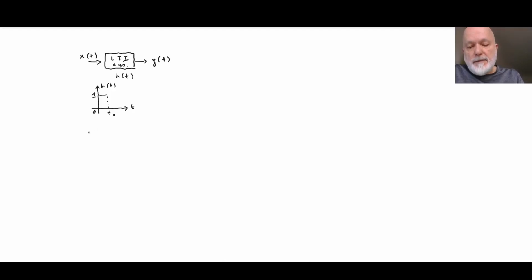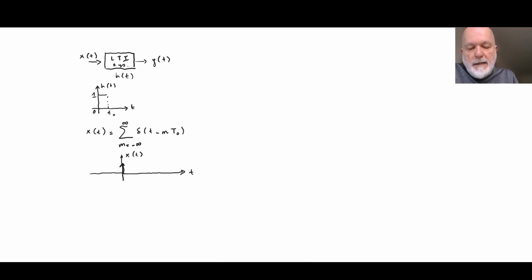Now x of t is chosen as the impulse train, the sum from minus infinity to plus infinity of delta of t minus m T0. So we have the signal x of t given as an impulse train, which is of course periodic with period capital T0.